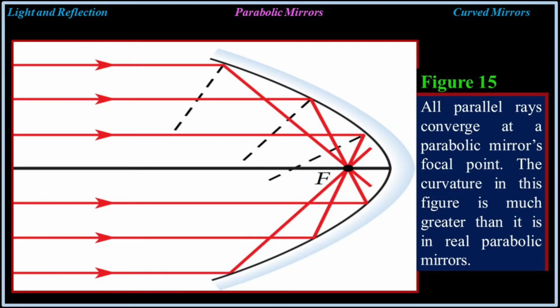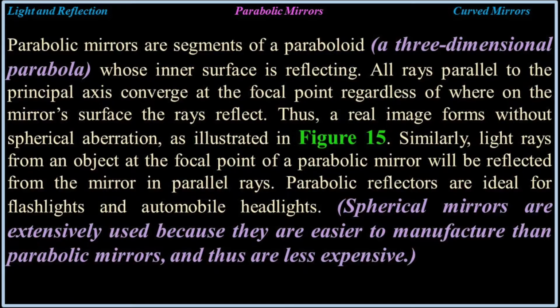Figure 15, all parallel rays converge at a parabolic mirror's focal point. The curvature in this figure is much greater than it is in real parabolic mirrors. Parabolic mirrors are segments of a paraboloid, a three-dimensional parabola, say that 3 times fast, whose inner surface is reflecting.